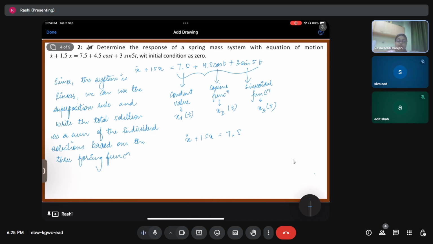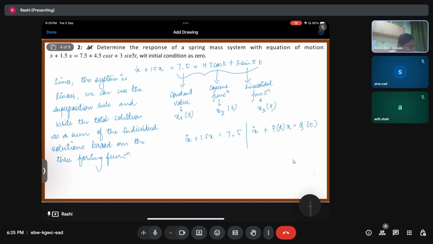When we have such an equation, we use the rule of solving the ordinary differential equation, wherein we try to find the particular integral, and on the basis of the particular integral, we then find the solution. Basically, this equation is of the general form x dot plus p of t into x is equal to q of t, right?